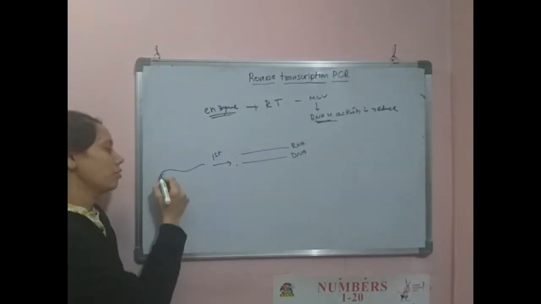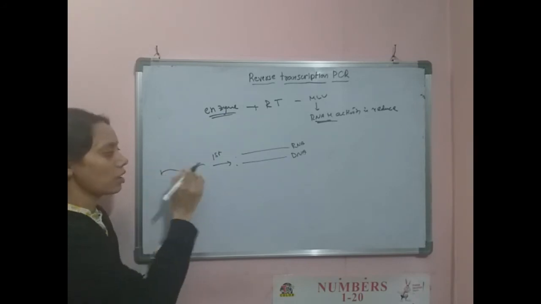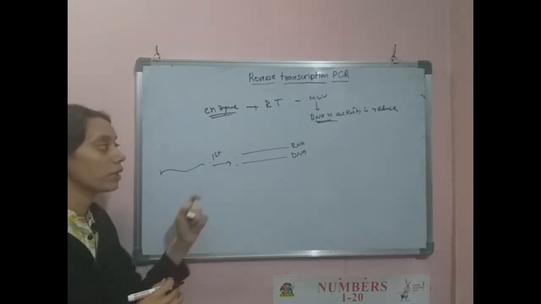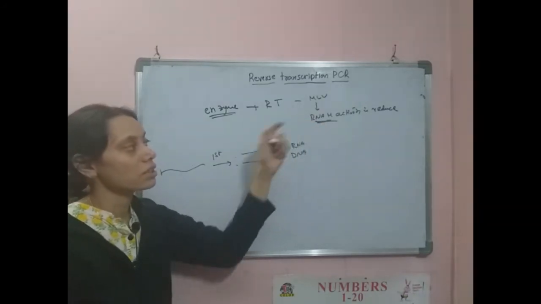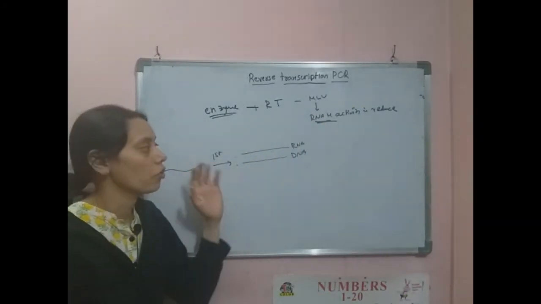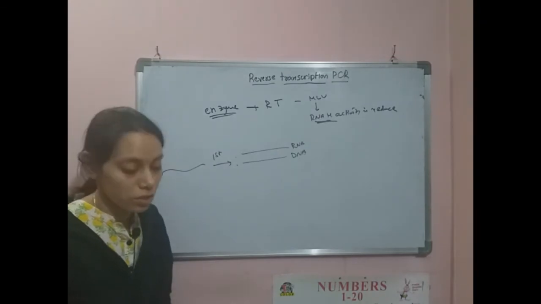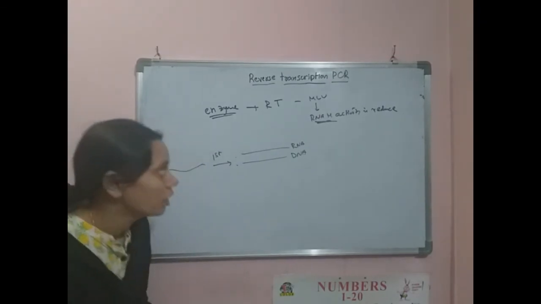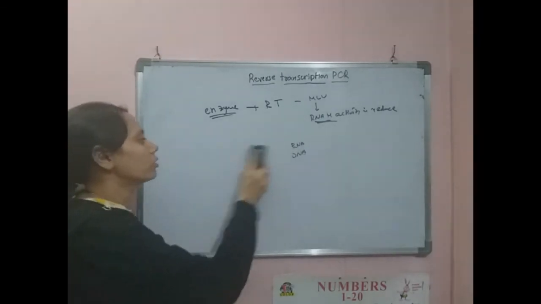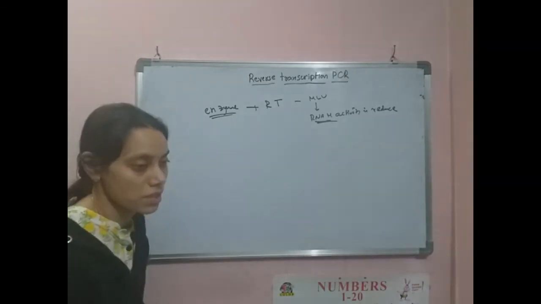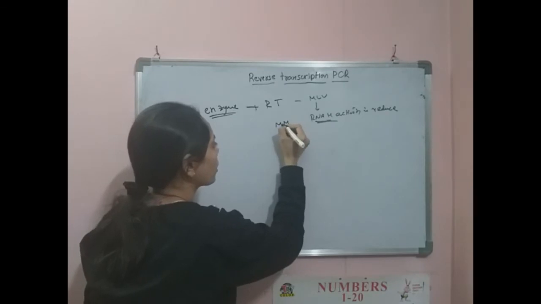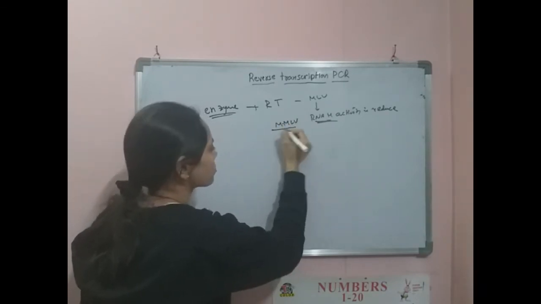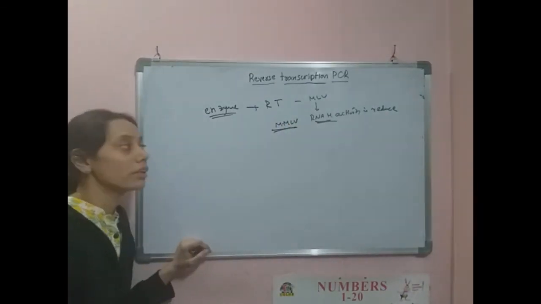That means during reverse transcription, the RNA will be isolated and converted into an RNA-DNA hybrid in the first step. The RNase H enzyme has the activity of degrading the RNA, so that is eliminated in the reverse transcriptase enzyme, that is MMLV.